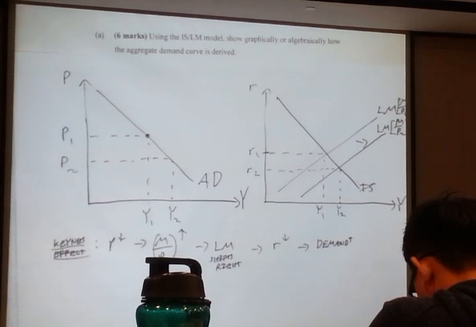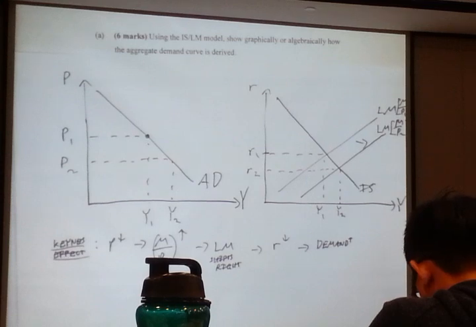Nonetheless, there are some masochists out there who actually prefer to do the algebra than to draw the graph. If you really do find the algebra easier than drawing this picture, well, good luck to you. I don't mind, but it seemed perverse not to take the easy way out. It's not as though there were more marks being offered for the algebra than the graphs. 6 marks, however you answer the question.